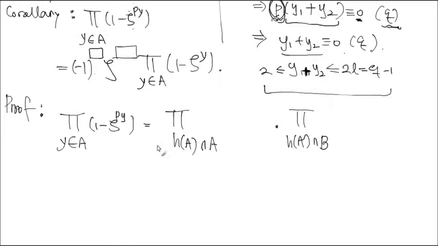Let me continue here. Y that lands in there, so it's 1 minus zeta to the py in there. I didn't do anything except I split the product into two parts, right? That y that eventually, that's not the right notation, y that eventually goes to that, right?